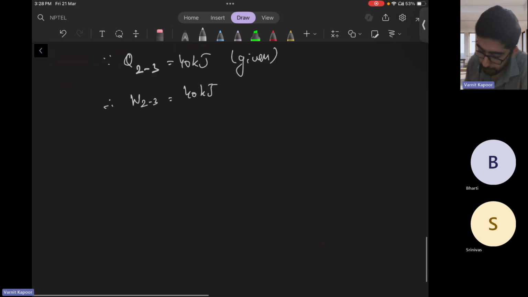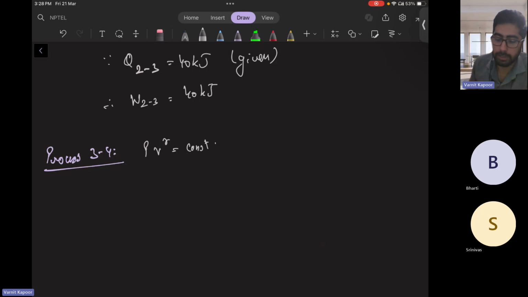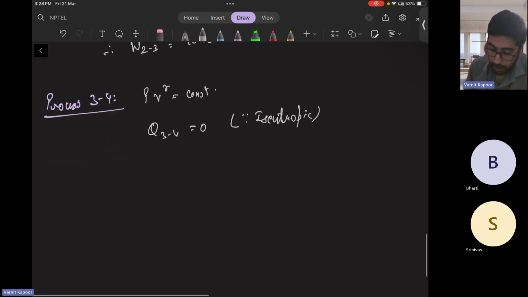Now let's come to the next process, 3 to 4. Process 3 to 4 is isentropic expansion, again PV raised to gamma constant. Q 3 to 4 will be 0 since it is isentropic, reversible, adiabatic. And what is work 3 to 4? It will be the same as work 1 to 2, just it's an expansion, so it will be with a positive sign even if you put the values.